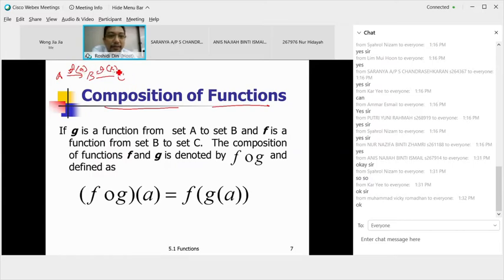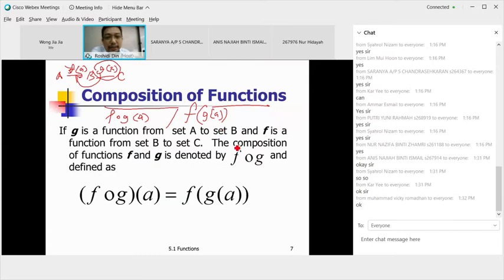So for the relation between this one and this one, we put from here to here, like F composition with G, F∘G. So the relation is based on A. Or we say this G is inside this F. So we can put it as F of G of A. Either one, both we call composition of function.